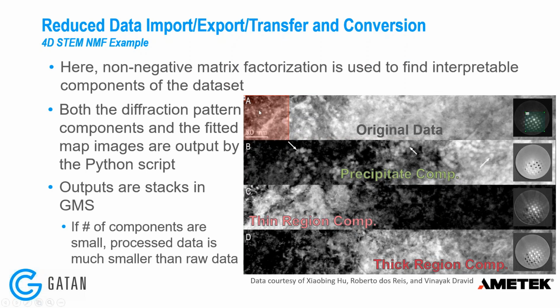So in the top here of this figure, you can see what you might see in GMS if looking at one of these 4D STEM data sets. I have my picker tool here on an area of the image, and that gives me a diffraction pattern.